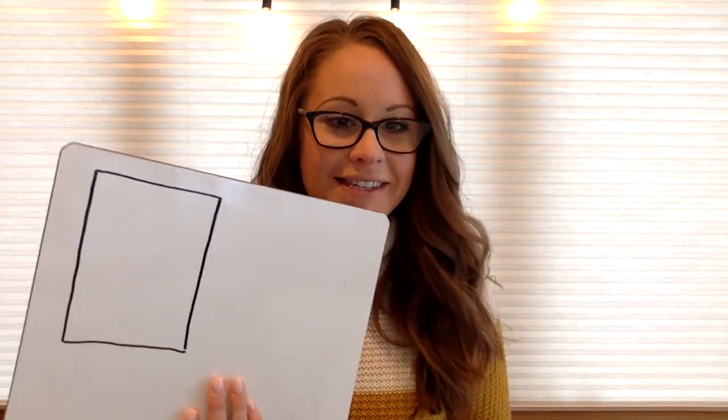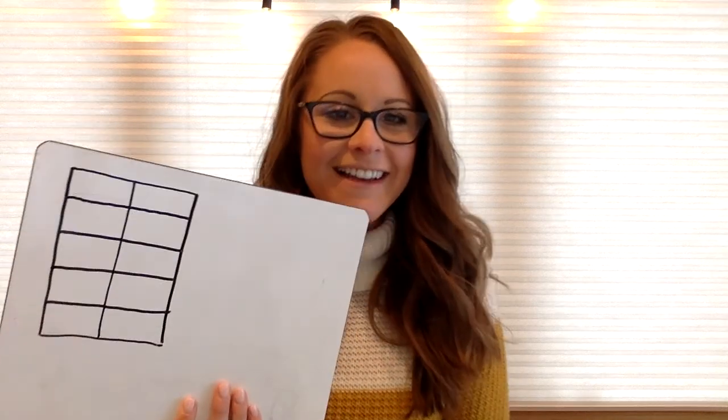It says to construct a rectangle with 5 rows, remember that's horizontal, of 2 tiles. So 5 rows. Mine's going to be kind of skinny for this one too. Skinny and long because we have all those rows to make. So here we go.